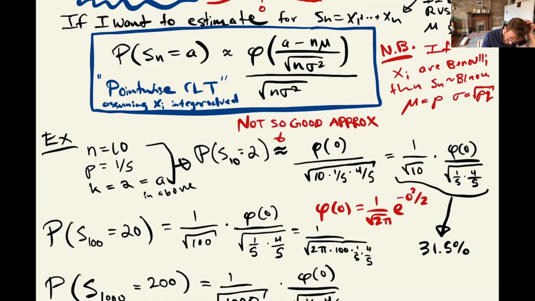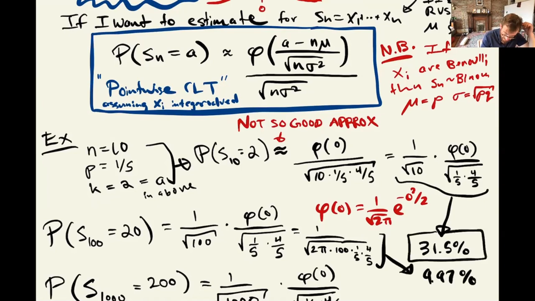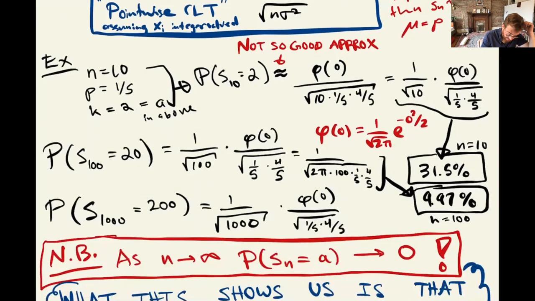Notice this works out to be about 9.97%. So this is for n equals 10, and then for n equals 100, I get 9.97%. And then finally, if we repeat this calculation for 1,000, we get exactly what I said earlier, which is 3.15%. And this corresponds to n equals 1,000.